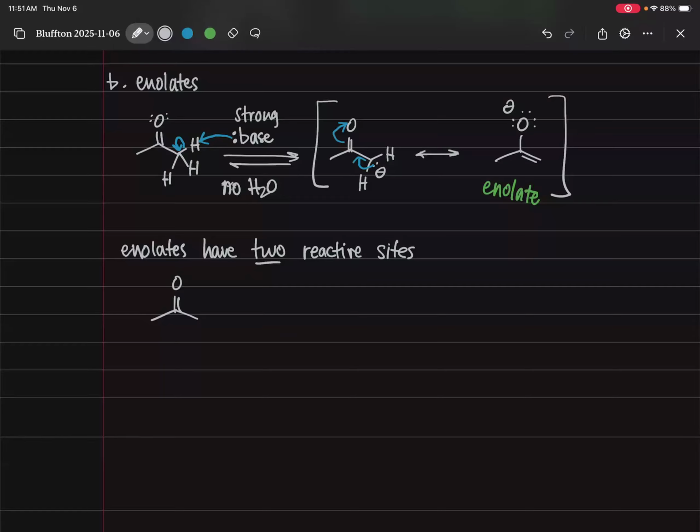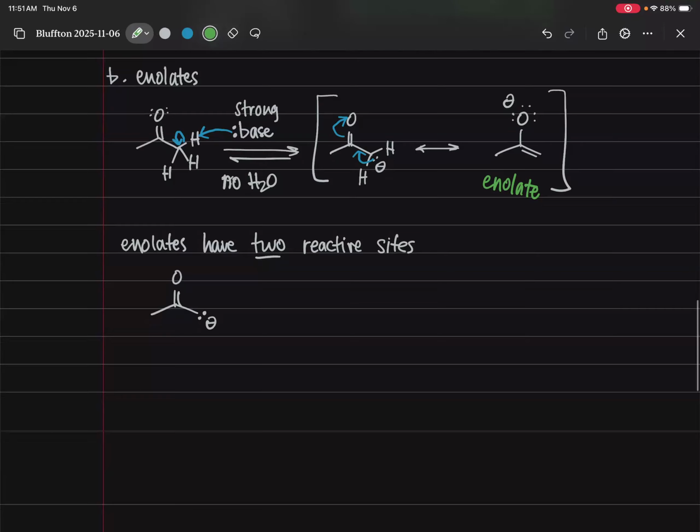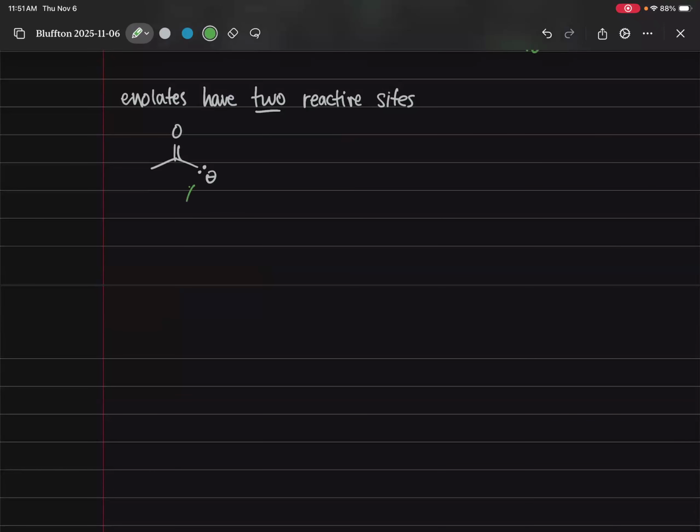The first is this resonance structure. I'm going to omit the hydrogens and just draw the lone pair on carbon.